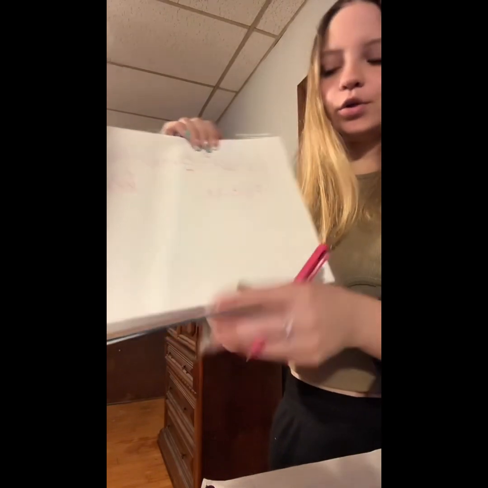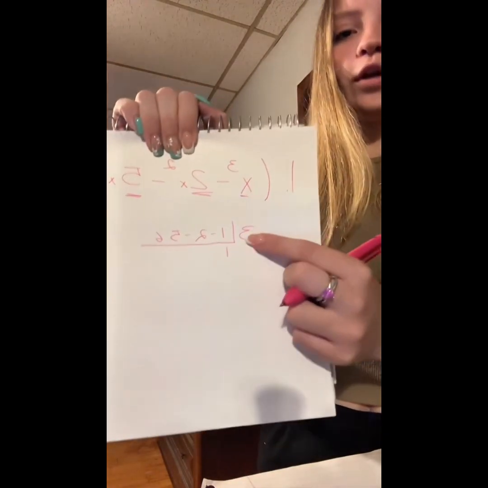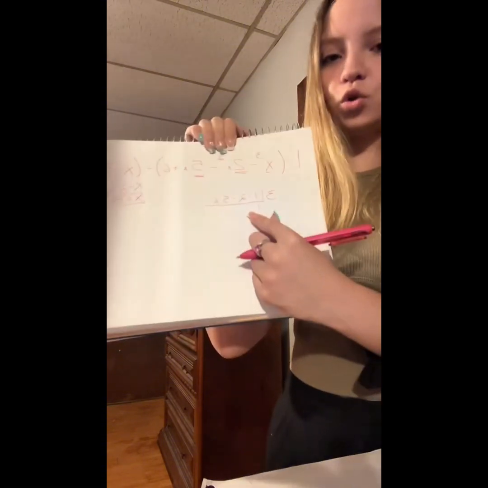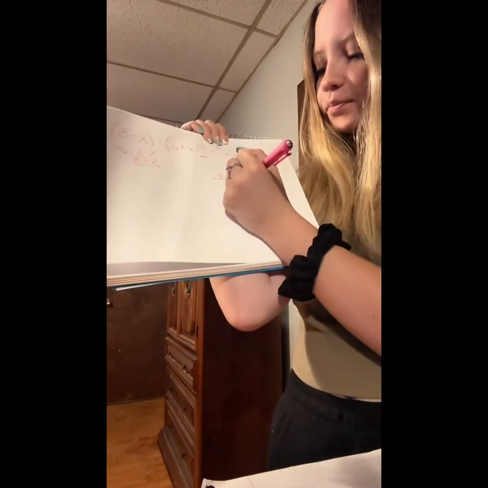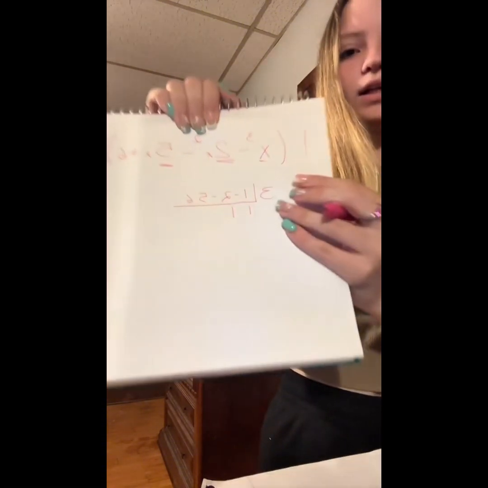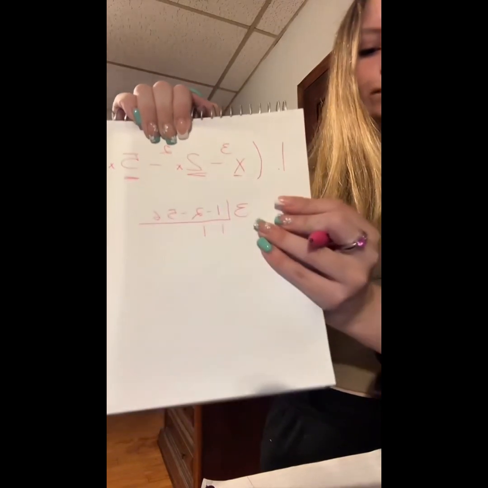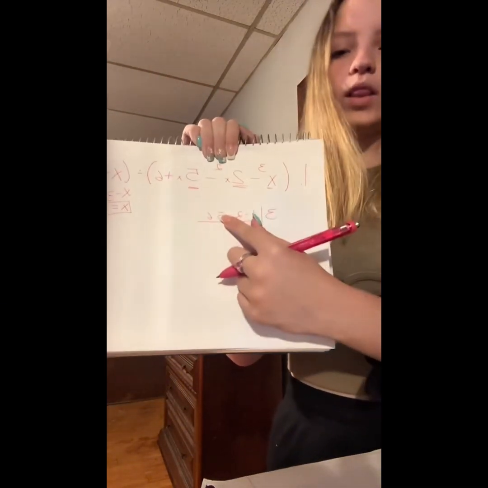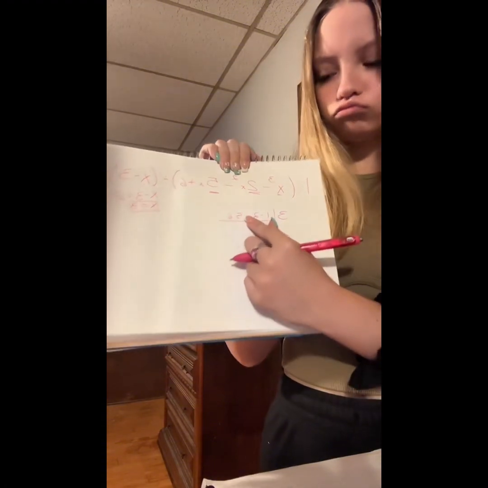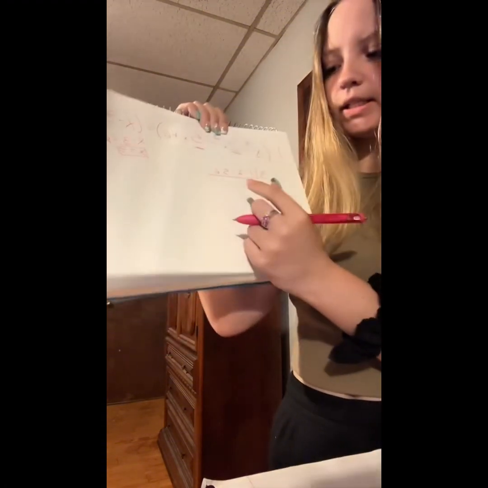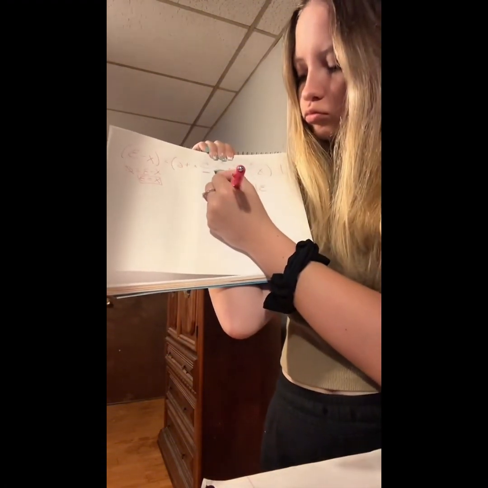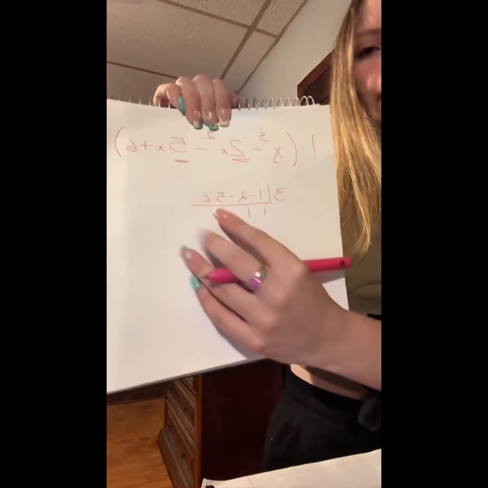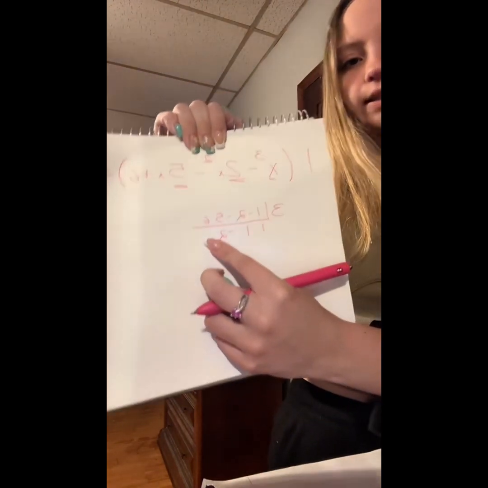Then you're going to do 3 plus negative 2, which is going to also be 1. Then you're going to do 3 plus negative 5, which is negative 2. Then you're going to do 6.